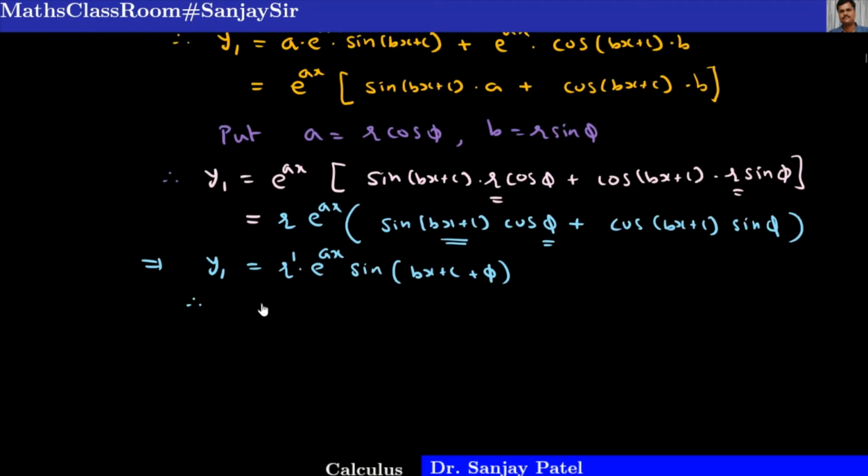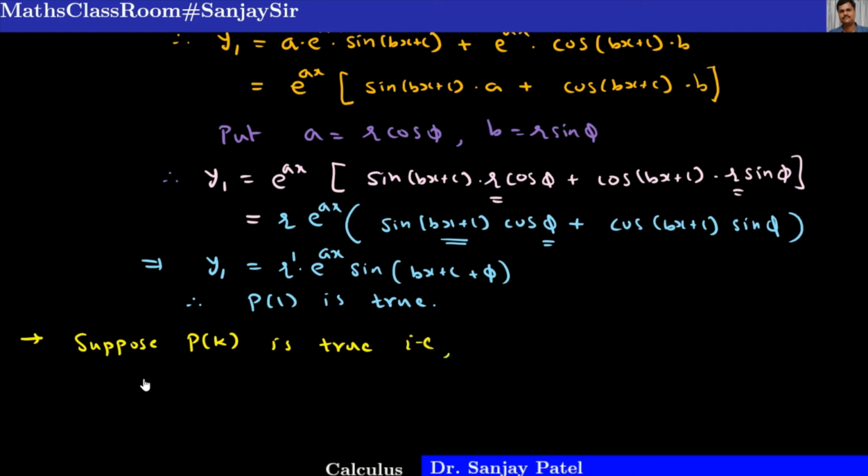So therefore, p of 1 is true. Okay. Now let us take the next step: assume the result is true for n is equal to k. That is, suppose p of k is true.